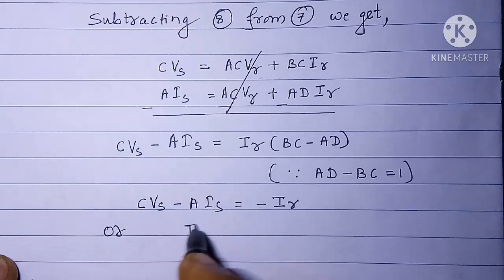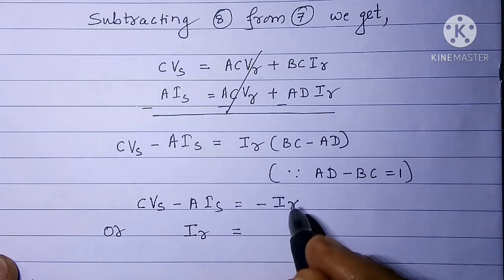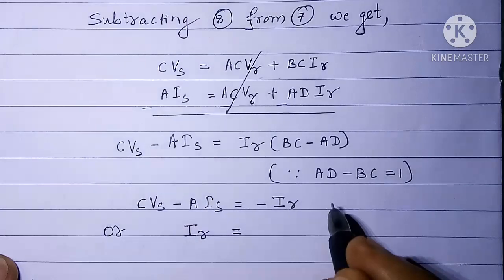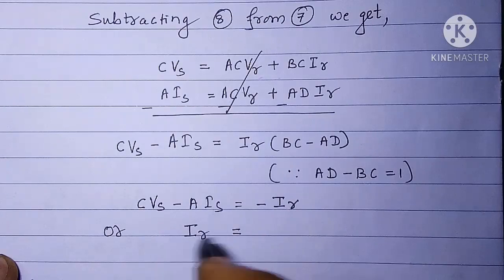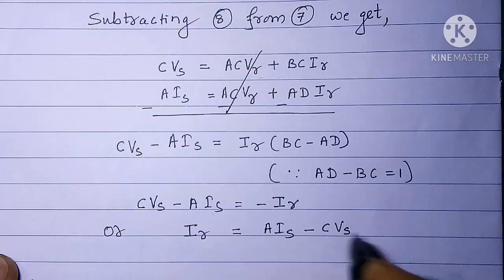Or IR equal to, by multiplying by minus 1 on both sides, we get IR equal to A into Is minus C into Vs.